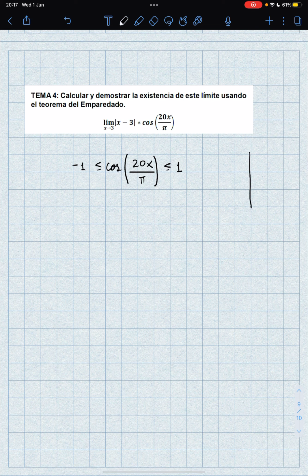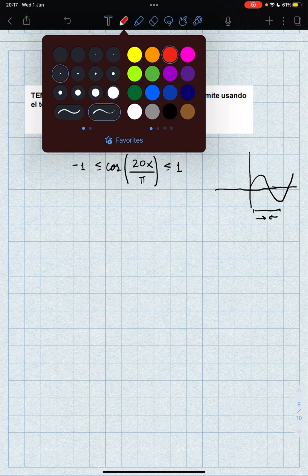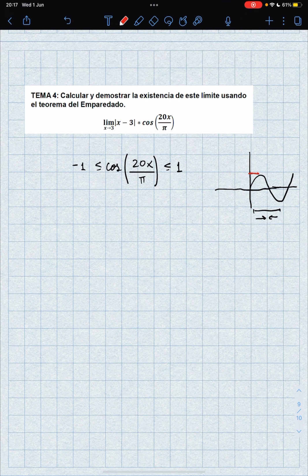That's it. If we just draw this one, this multiplication is gonna make it bigger, or it's gonna shrink, make it smaller. So at the end, it doesn't affect because the range of the values are gonna be between 1 and -1.